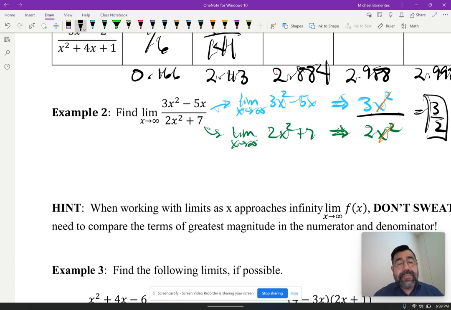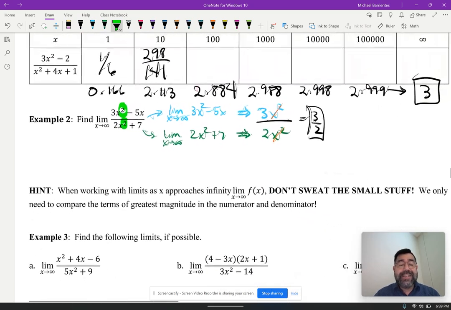As my x's get bigger, because the numerator and denominator both have the highest power of 2, they're going to grow at the same rate, and my answer is going to be the ratio between the top and the bottom. I think I call this a balanced fraction situation. Some people call it balanced as opposed to top heavy and bottom heavy, that conversation we had. So this is going to tell us that it's going to level off towards 3/2.